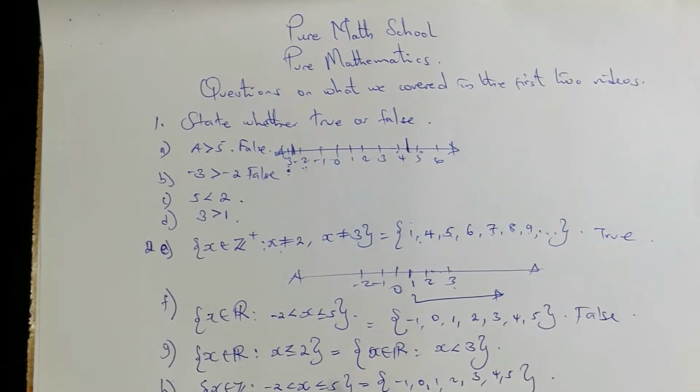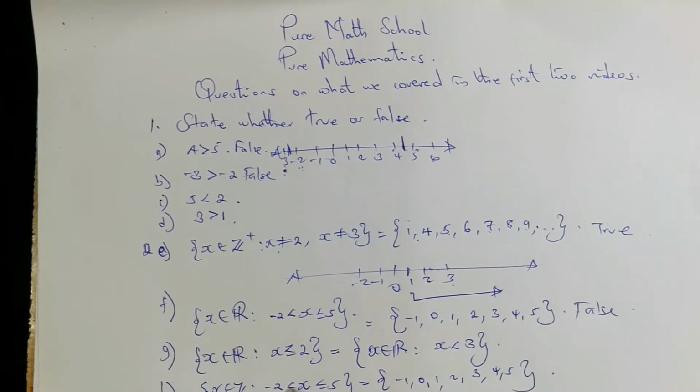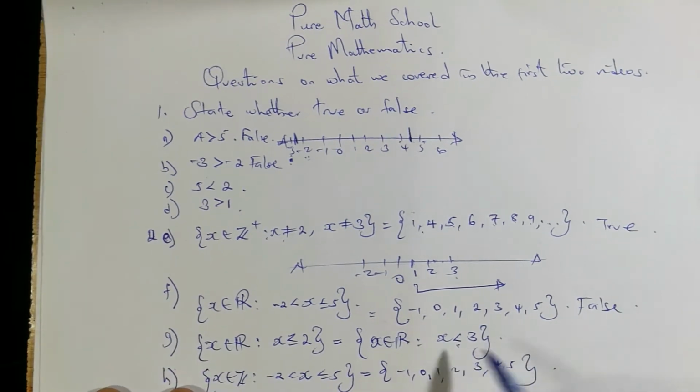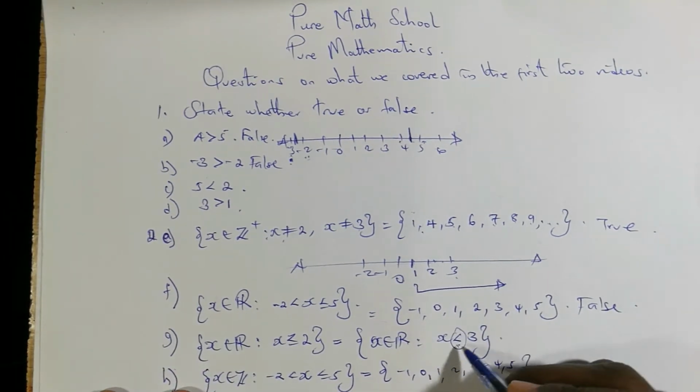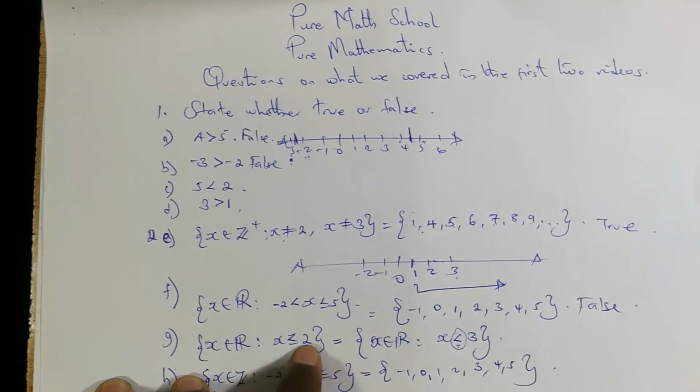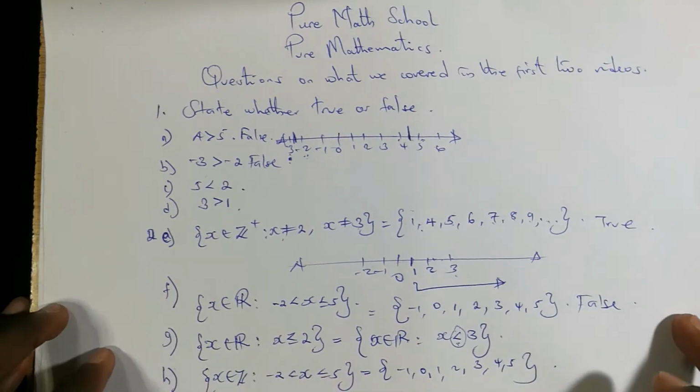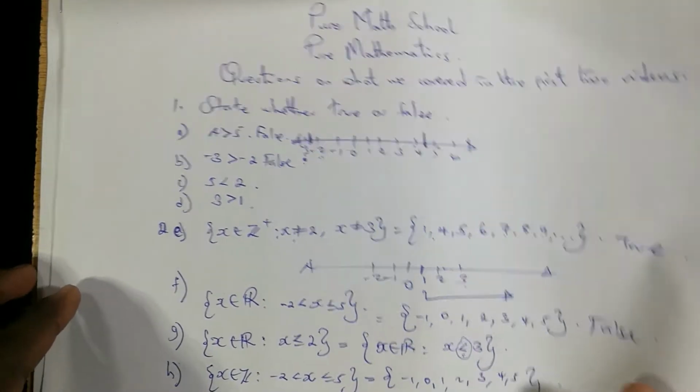You have to be careful here. You have to notice that this can be equivalent to this based on how you've realized. And if you can see here, this sign means 3 is not included. You can try out and see how that one comes out.